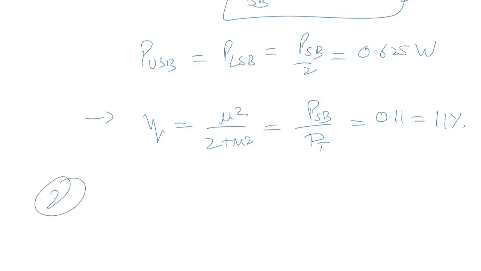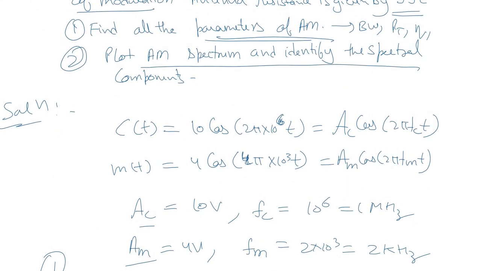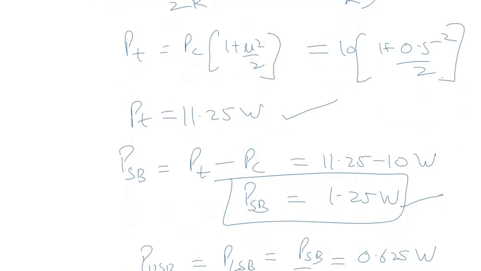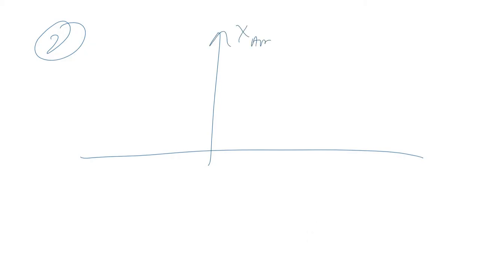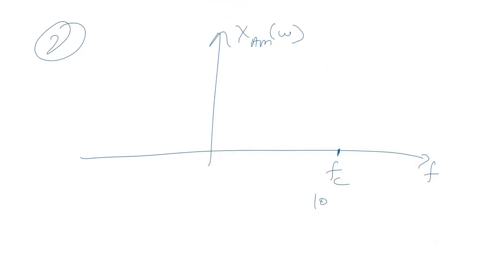Now comes the second part of the question, that is to plot the AM spectrum and identify the spectral components present in it. Okay, so it's a single tone, so only a single pair of sidebands will be present. We need to plot the spectrum. The carrier will be present at omega c, or rather fc. Here we are dealing with frequency in hertz, so fc is 1 megahertz or 1000 kilohertz, right?